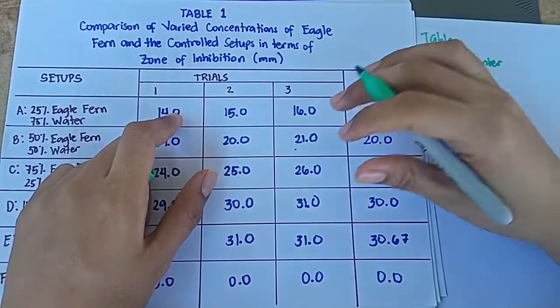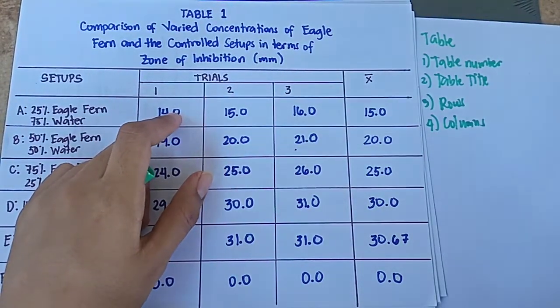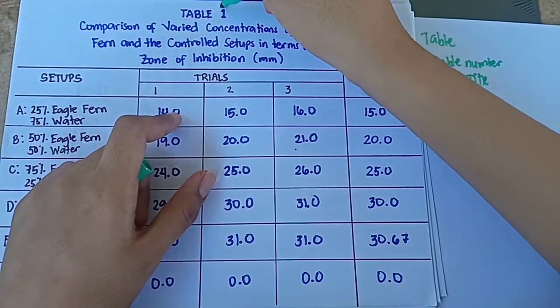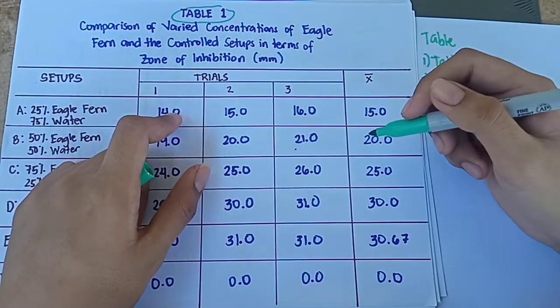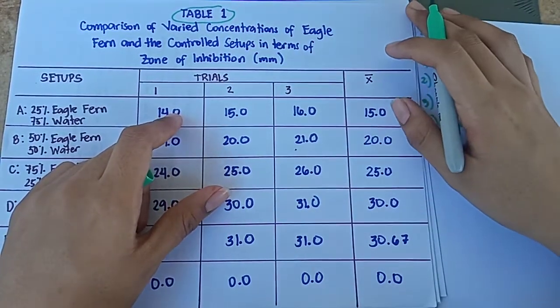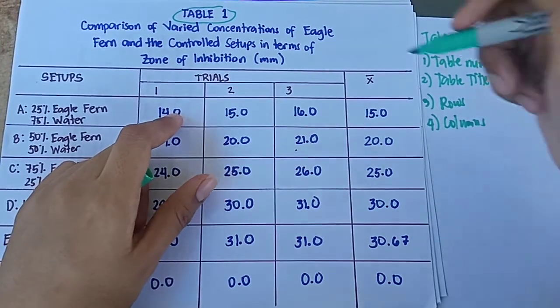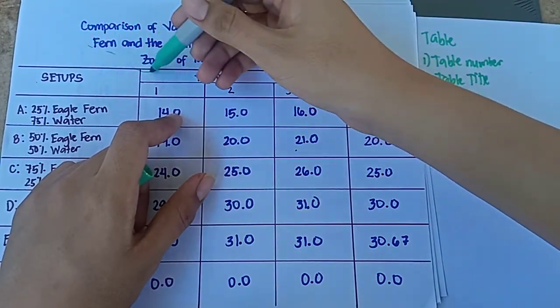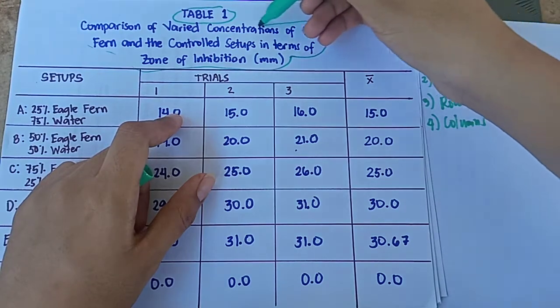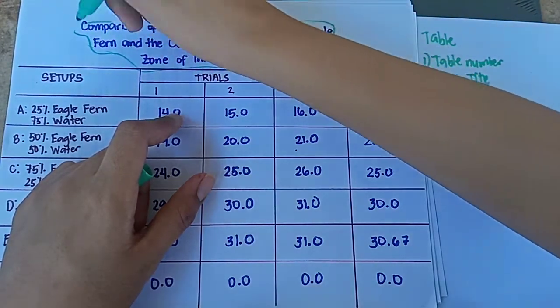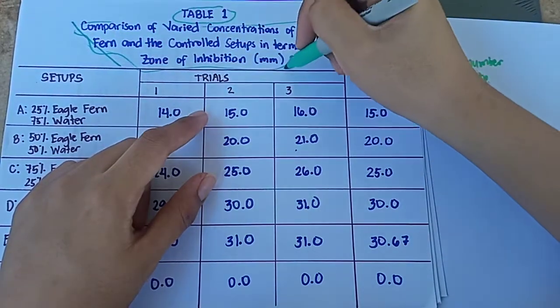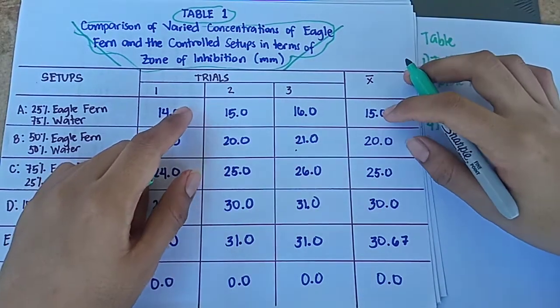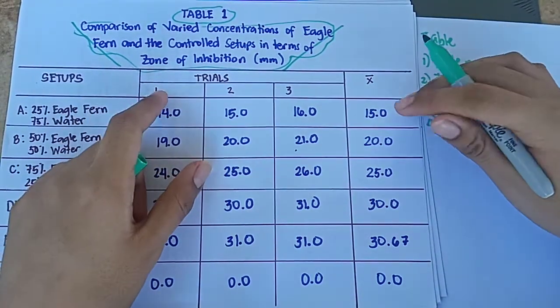Okay. So, the table number is this one. Then, the table title would be this one. So, notice how we write the table title. It is in an inverted pyramid format.